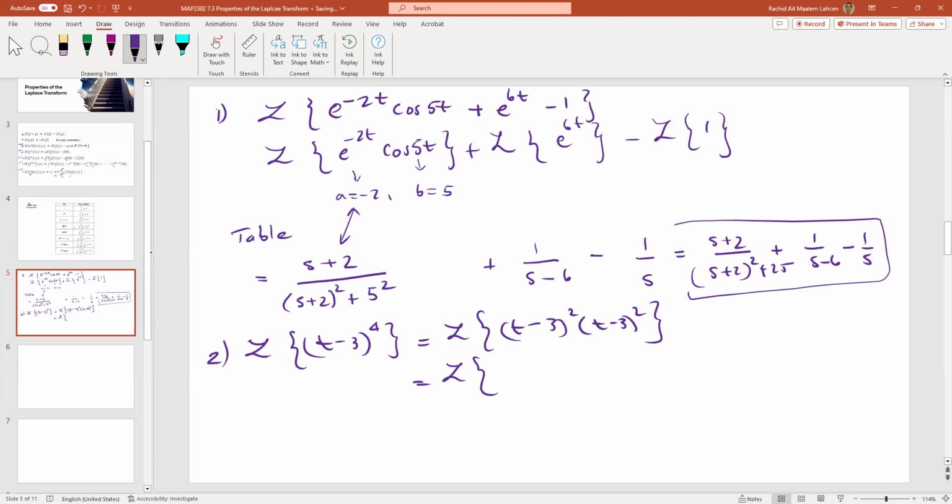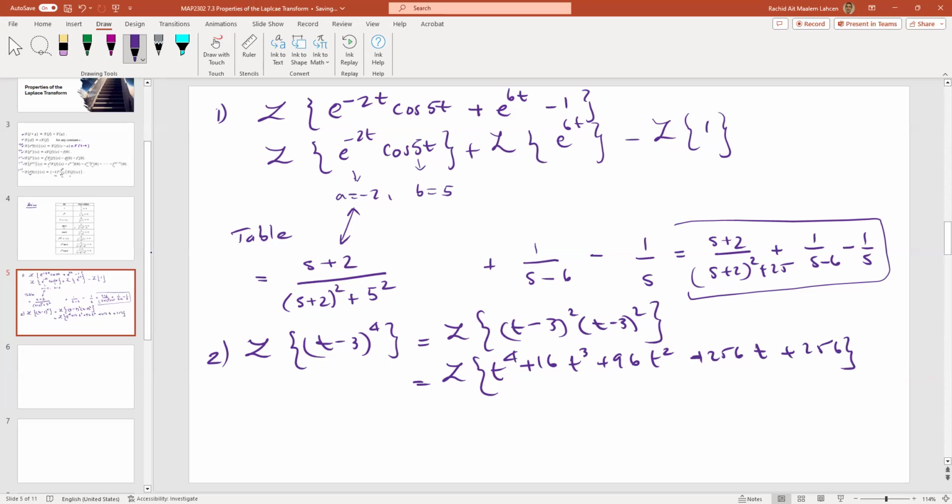So I'll just put what I came up with, but just to show you, when you see the power, it doesn't necessarily mean there is a direct formula to use. Sometimes you have to adjust the function.